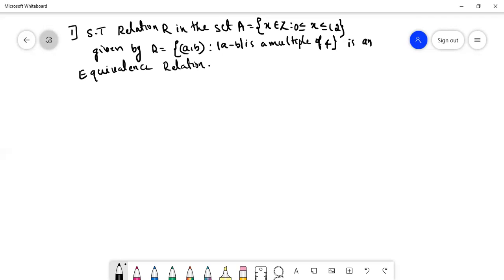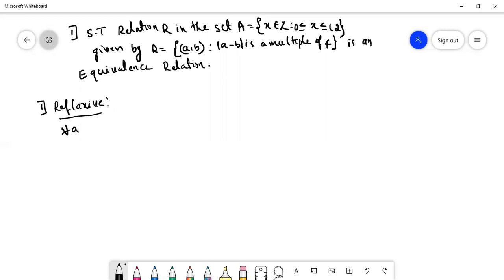To show an equivalence relation, we have to show three properties: reflexive, symmetric, and transitive. First is reflexive. Take an element a.